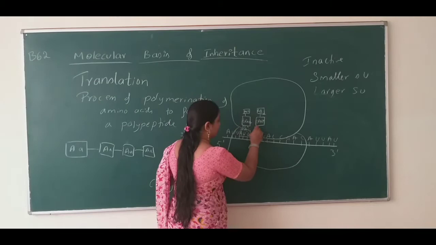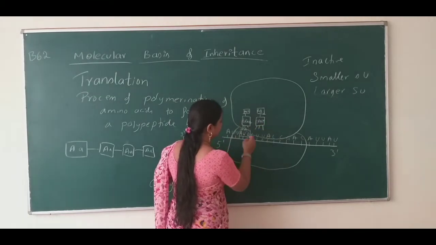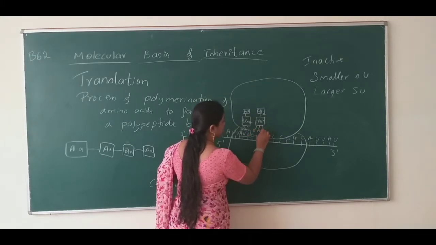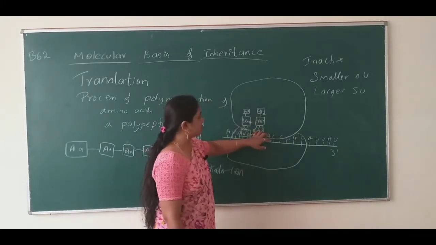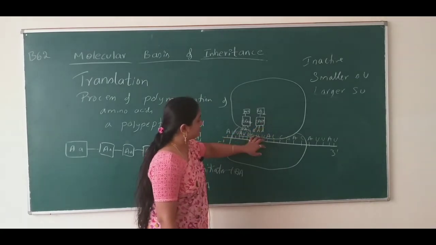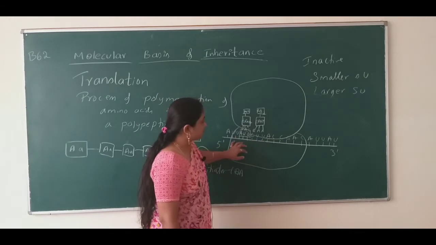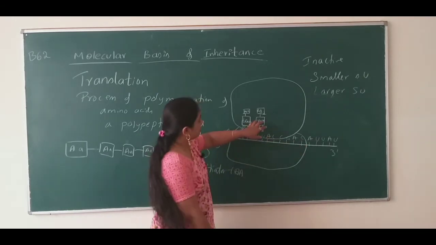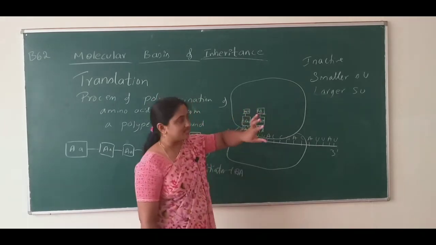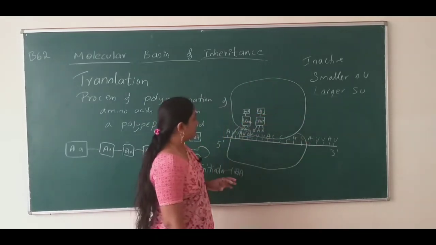To that, how does the tRNA bind? By having a complementary base, GAA. This is the complementary base pairing in the tRNA that will bind to this triplet codon present on the mRNA, and that tRNA is bringing the amino acid present in the cytoplasm.